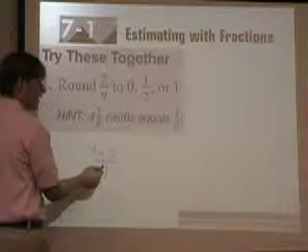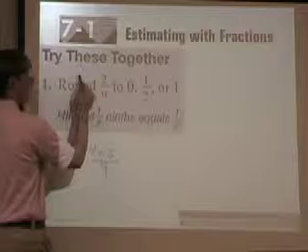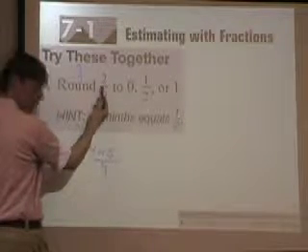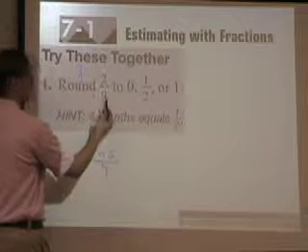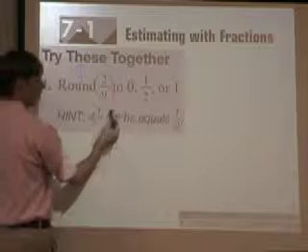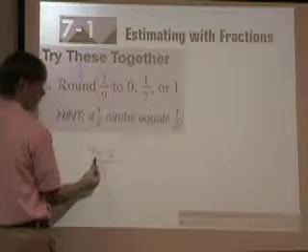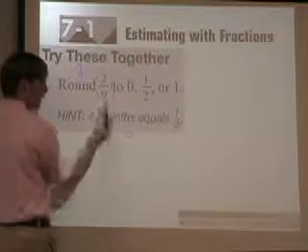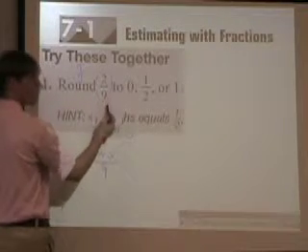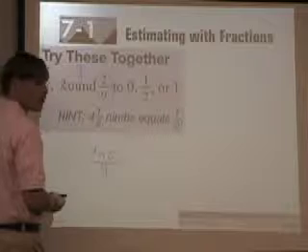No. Now 9/9 would be 1. Is 2 close to 9? No. So what would this round to? 0, because 2 is closer to 0 than it is to 4 or 5, and closer to 0 than it is to 9. So 2/9 rounds to 0.